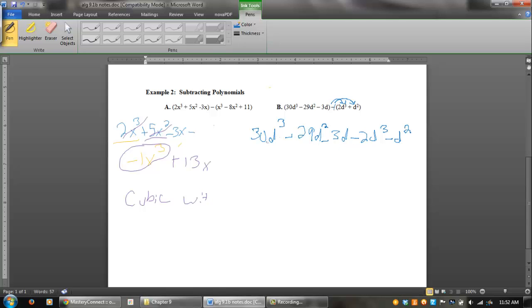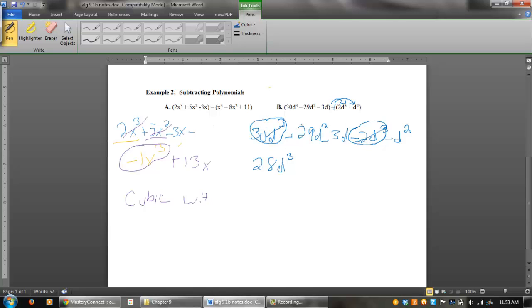So let's go through and combine the ones that are alike. We have a 30d to the third power, and we have a negative 2d to the third power. Those two are alike. 30 and negative 2 become 28d to the third, because 30 and negative 2 give you 28. That takes care of your thirds.